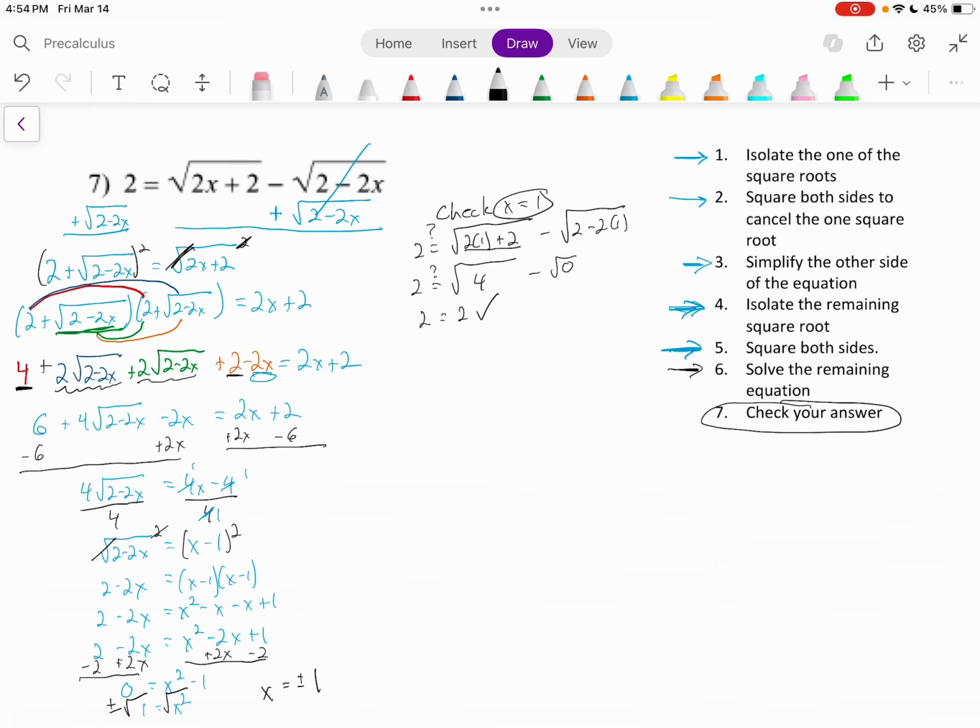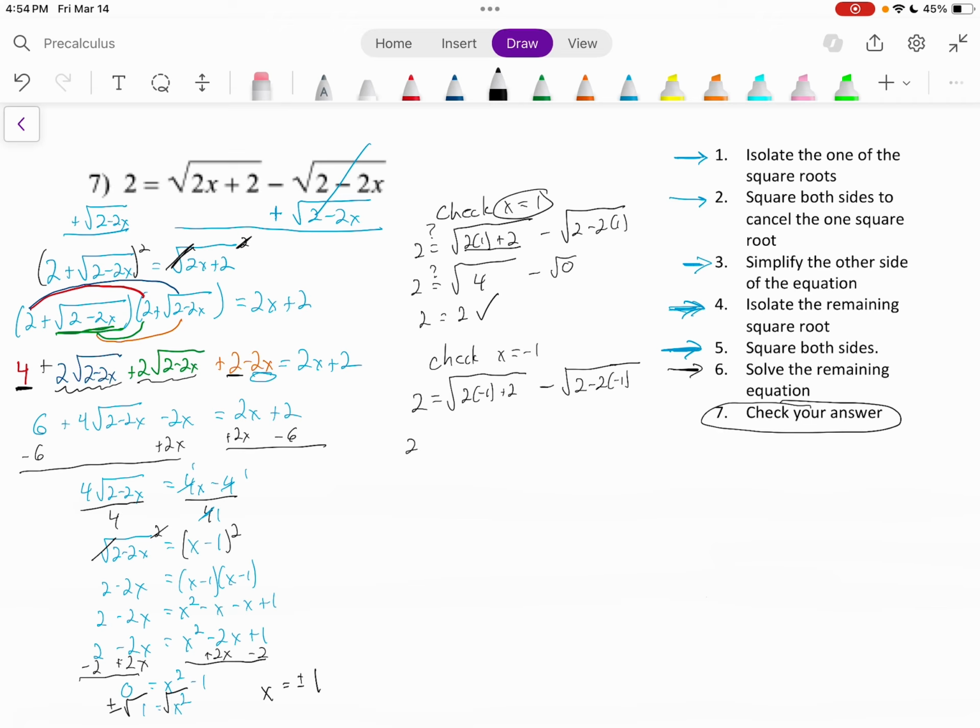Now let's try negative 1. So put negative 1 in for x. So 2 equals the square root of 2 times negative 1 plus 2 minus the square root of 2 minus 2 times negative 1.